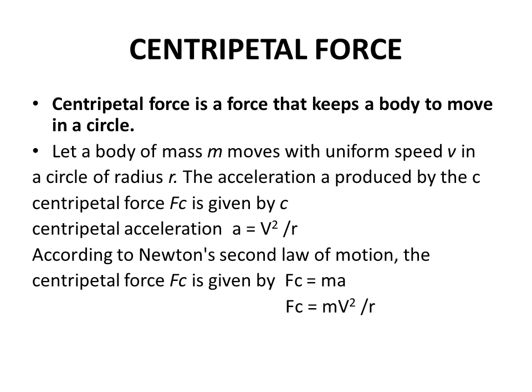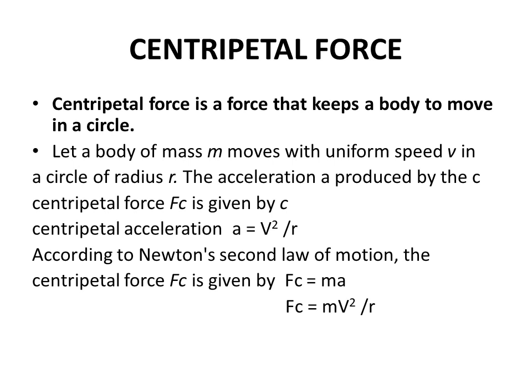According to Newton's second law of motion, the centripetal force Fc is given by Fc is equal to ma. Now putting the value of a from the above equation, it becomes Fc is equal to mv squared over r.